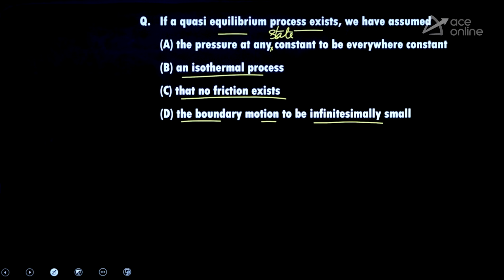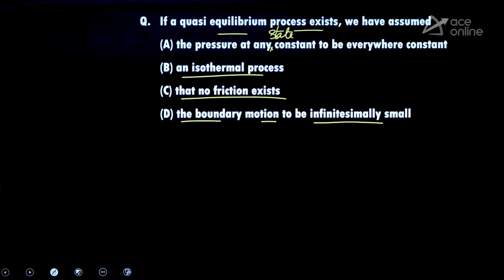And look at C, that no friction exists. Though the friction is not existing, if the process is happening fast, like how the gas is compressing fast with the centrifugal compressor and axial flow compressor, that process need not be a quasi equilibrium process.